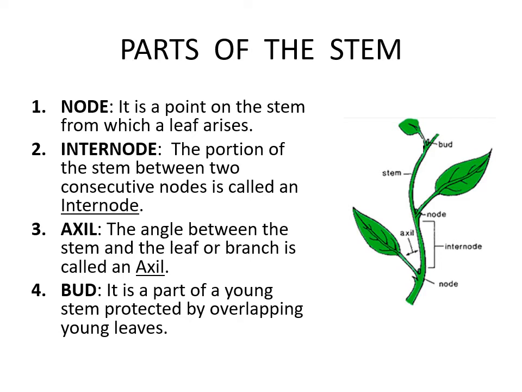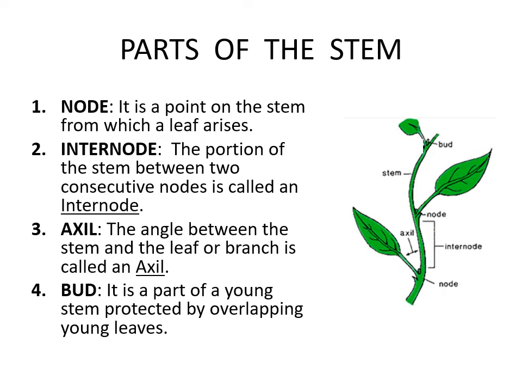Axil is the angle between the stem and the leaf or branch. And the bud is a part of the young stem protected by overlapping young leaves. I repeat, a node is a point on the stem from which a leaf arises.